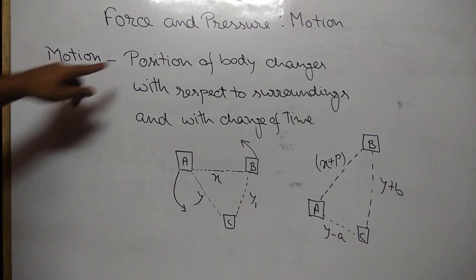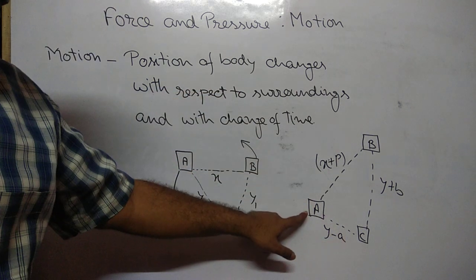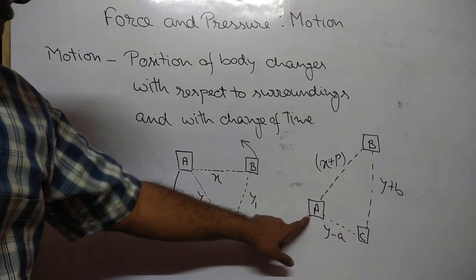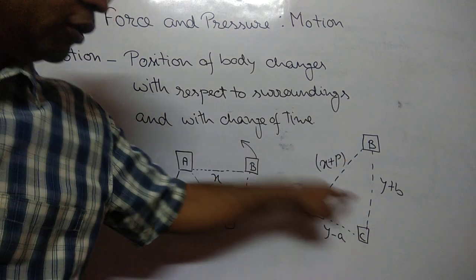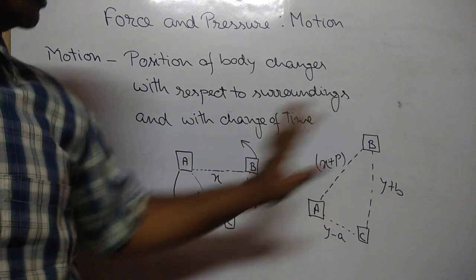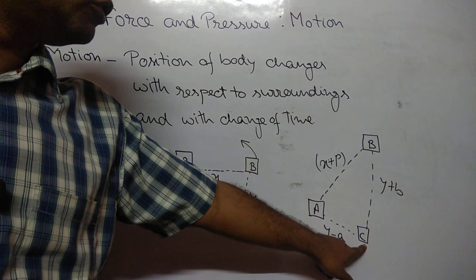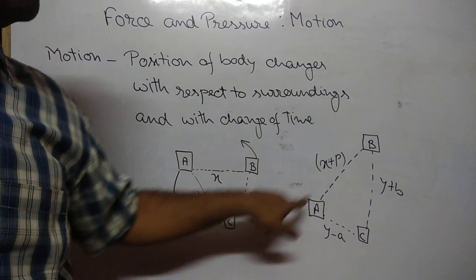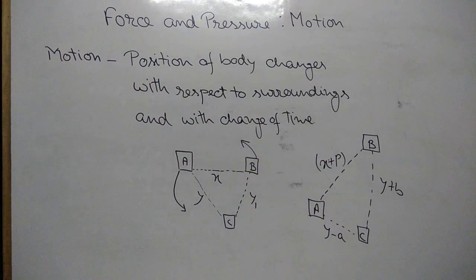So we can say that the position of a body changes with respect to surrounding C. How do we observe? After some time, the distance between A and C, B and C, or A and B changes. It means bodies A and B are moving, as we compare with C, which is not moving. Only A and B are in motion, so they change their places. Hope it is clear what is rest and what is motion.